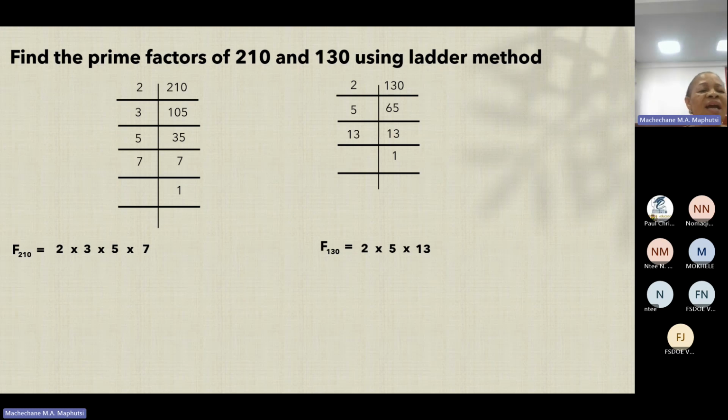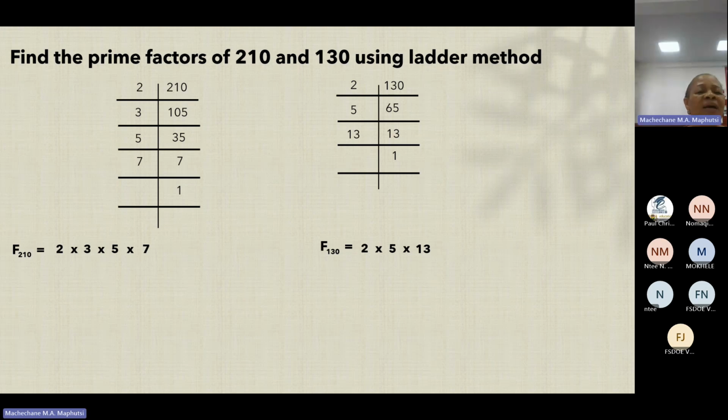Like I indicated, you only use the prime numbers. Don't forget, our prime numbers start with 2. So we start with 2. How many times does 2 go into 210? The answer is 105.